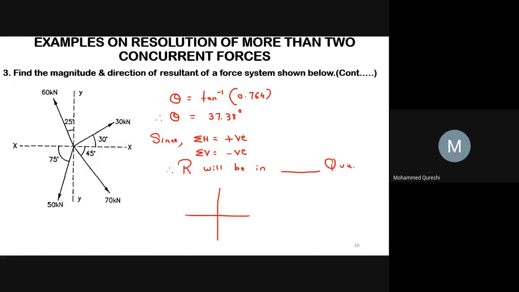Here we will simplify the figure: positive, negative. Our sigma h is positive and sigma v is negative. Hence, our R will be in fourth quadrant, making an angle with horizontal x-axis as theta equals to 37.38 degree.